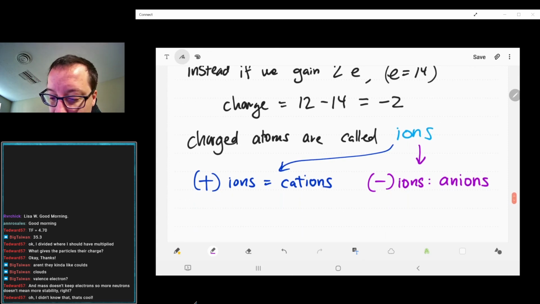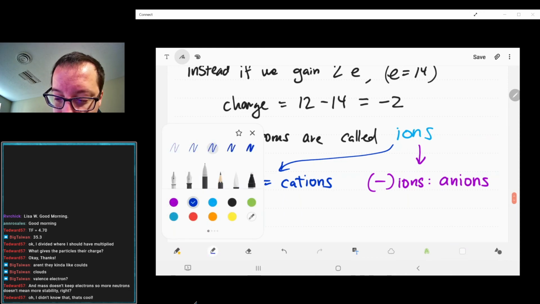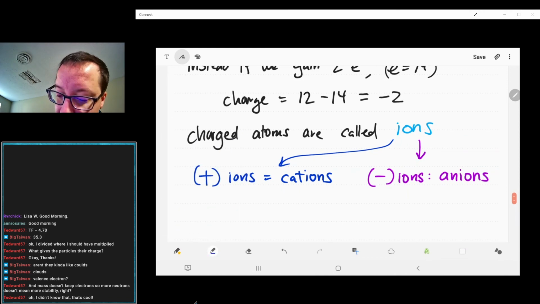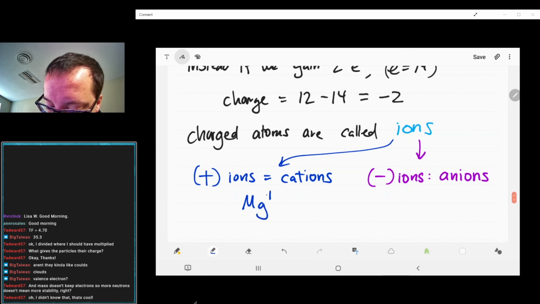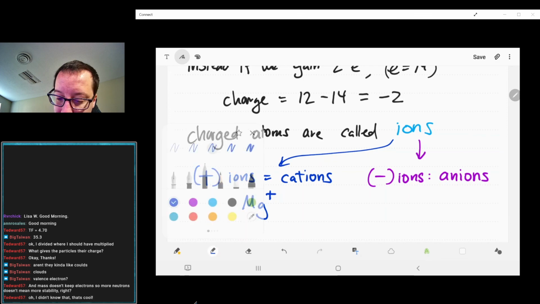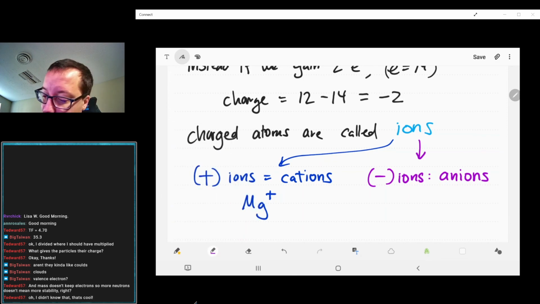We typically will write the charge of an atom in the top right. So, for example, we had a magnesium plus ion, and then the second one, where it had gained 2 electrons, had a charge of -2.